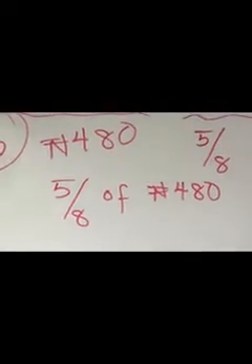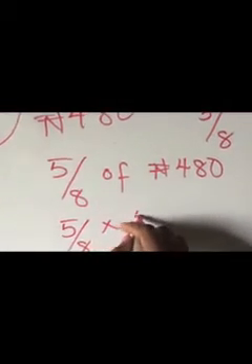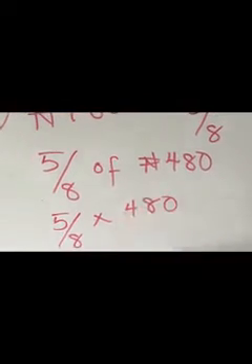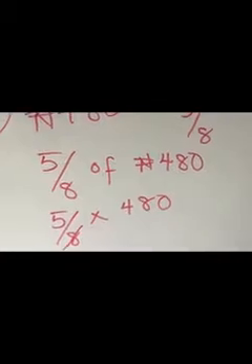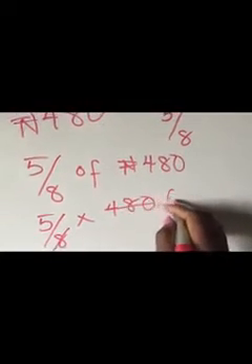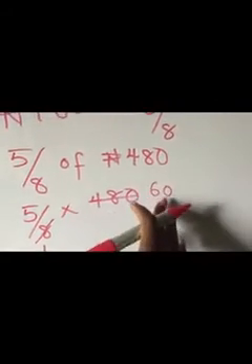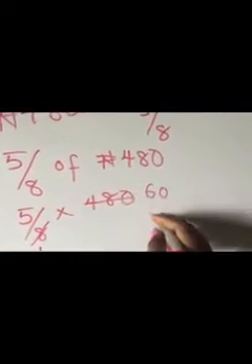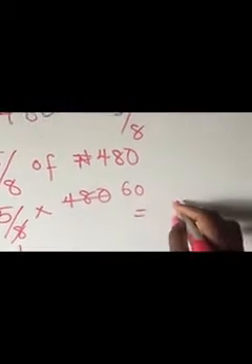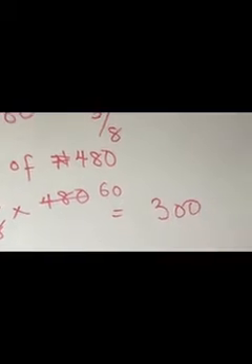So we do 5 over 8 times 480. Of means multiplication. 8 here, 1, and 8 can go here, 60. So we just do 5 times 60, which will give us 300.